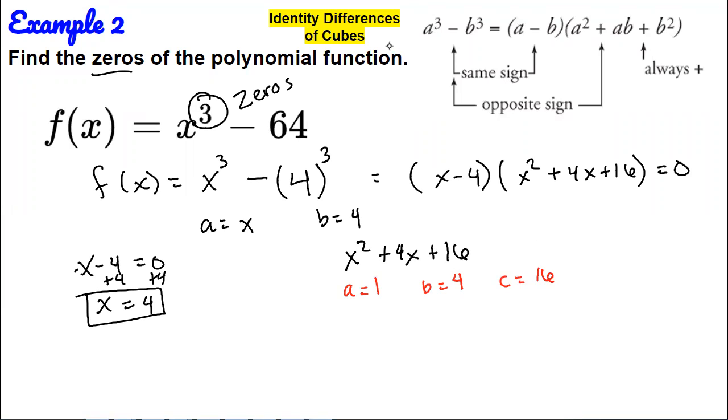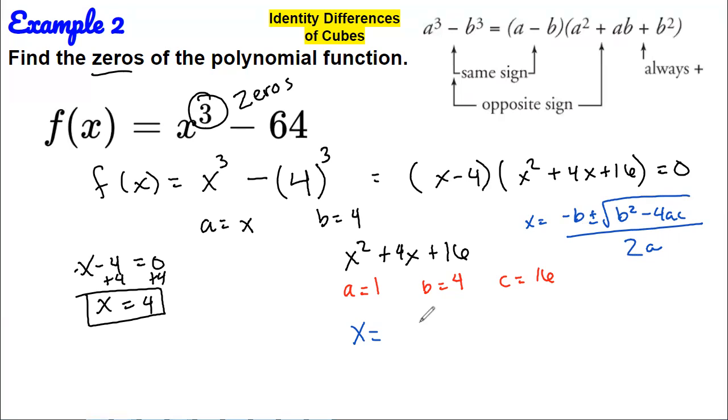So let's go ahead and use that quadratic formula. x equals negative b. Let me go ahead and remind you guys: x equals negative b plus or minus the square root of b squared minus 4ac, all over 2a.